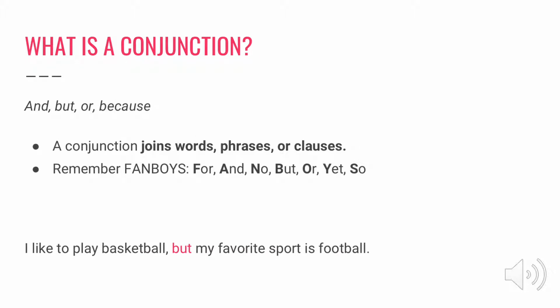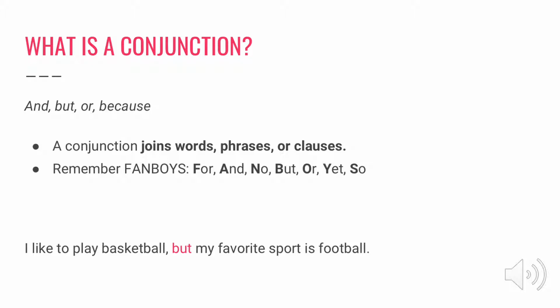What are conjunctions? Conjunctions are words that join phrases, clauses, or other words. A good way to remember some basic conjunctions is by using the mnemonic device fanboys. Fanboys is an acronym which stands for the words for, and, nor, but, or, yet, and so.